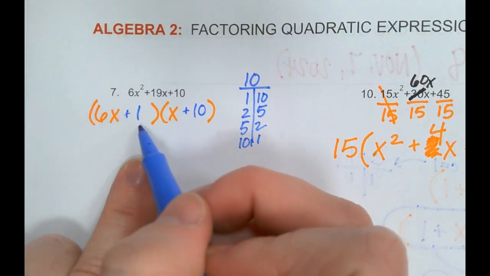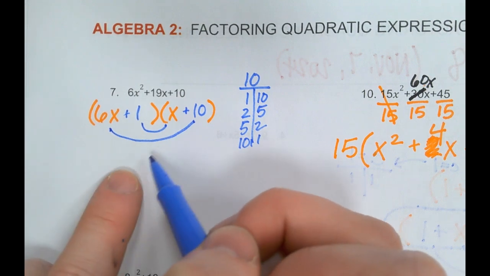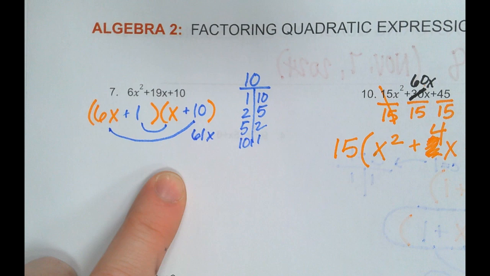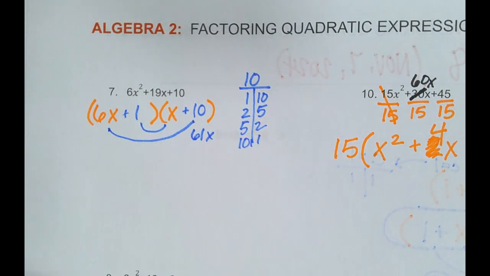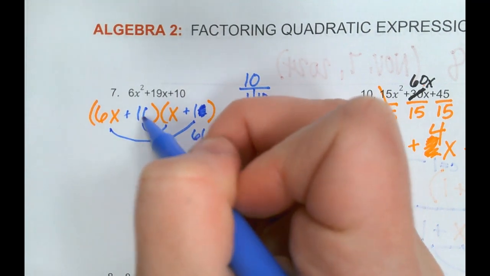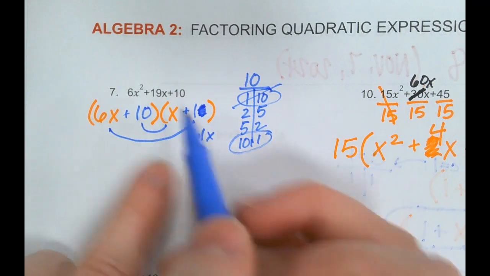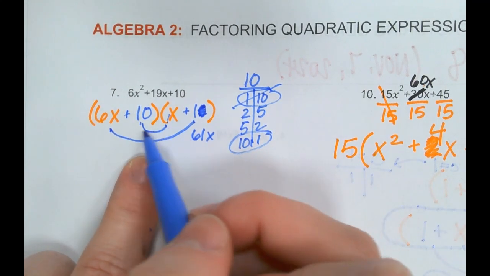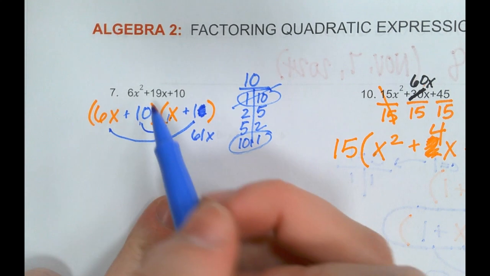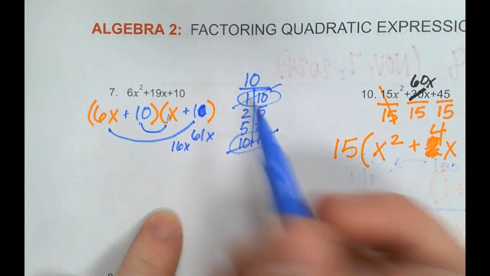Oh my, it's not going to work. 1x plus 60x is 61x, and we need 19x, so that's not our answer. Why don't we try 10 and 1? That's not it. 10 and 1 is going to give me 10x plus 6x. We're getting closer. That's 16x, but it's not 19x still. So it's not that.